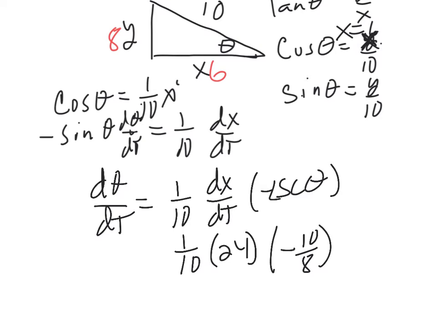Now we're just going to evaluate this. Well, some things I can see. I can cancel out that 10 and that 10. I can cancel out that 8 and that 24, and that becomes 3. So I think we're set with everything except dθ/dt is, let's see, right now I'm getting negative 3 radians per whatever the unit of time is.